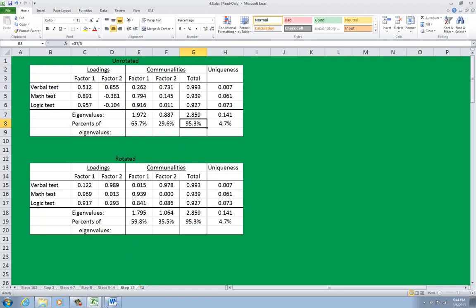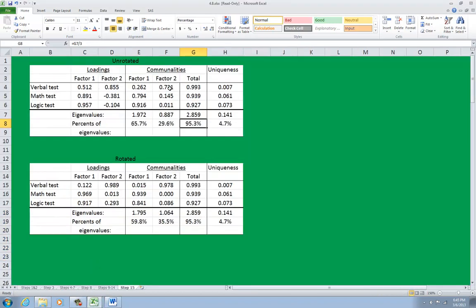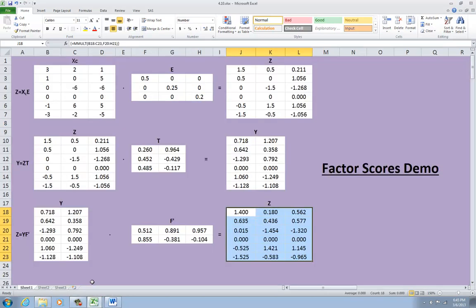So once again, the reason why these Z's are not exact is because the two factors extracted haven't accounted for all of the variance. So you noticed we do have two factors, and they only account for 95.3% of the variance. So that's just a demonstration of factor scores, or latent variable scores here.